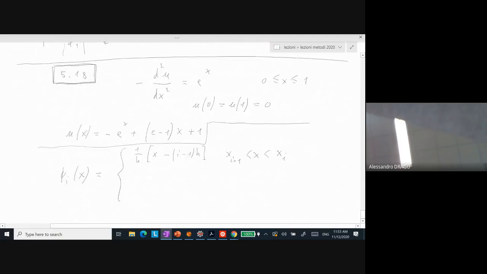This is the left-hand side, so to say, of the function. The right-hand side of the function is minus 1 over h times (x minus x i plus 1), for x i smaller than x smaller than x i plus 1, and of course it is 0 otherwise.